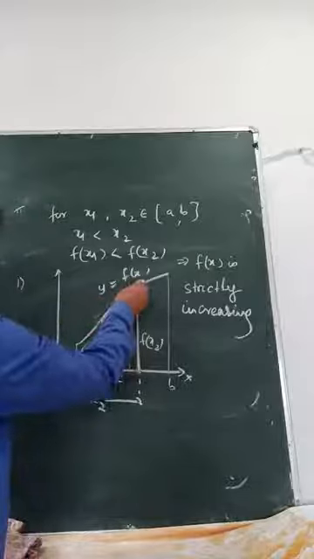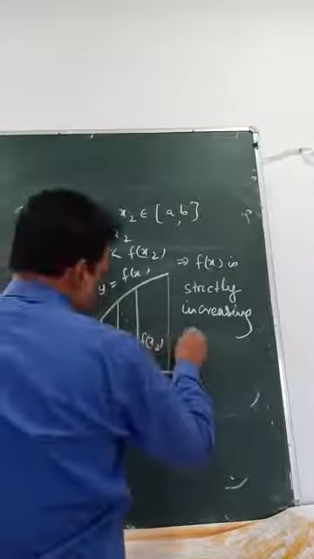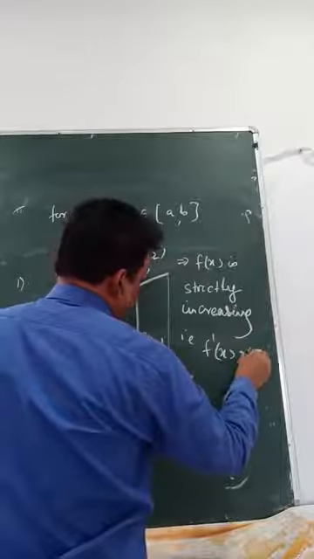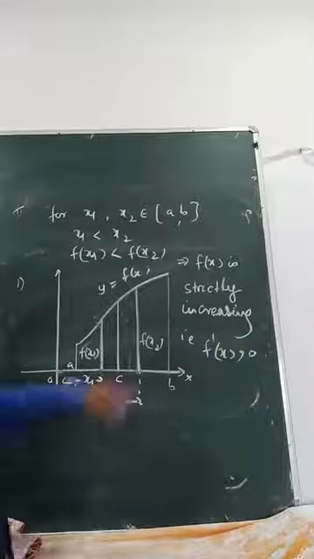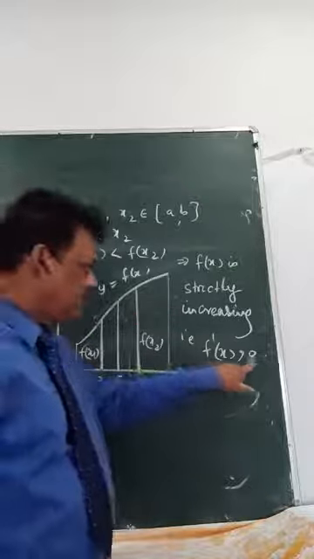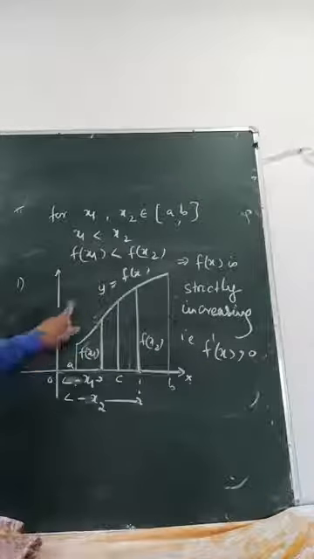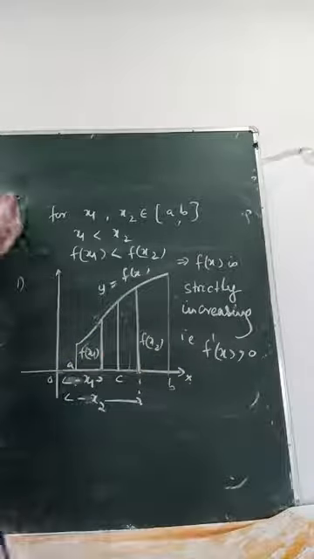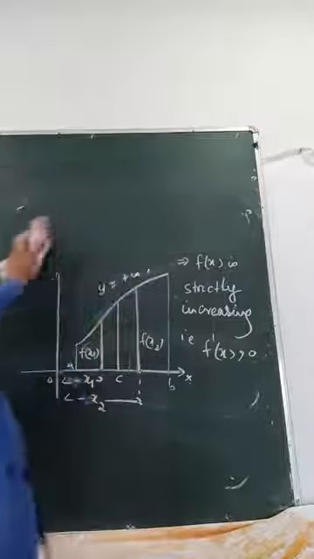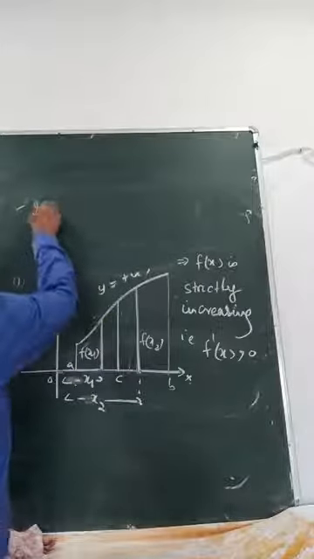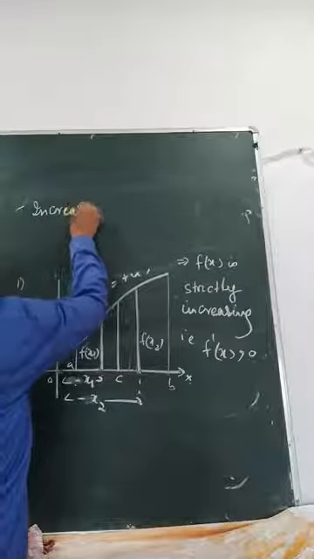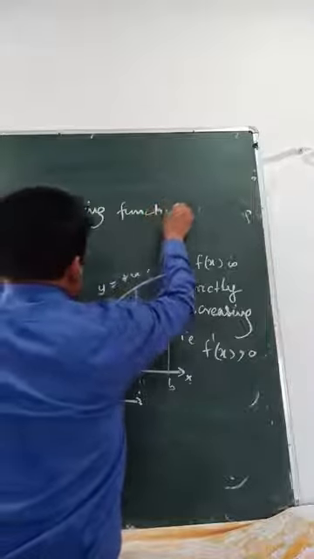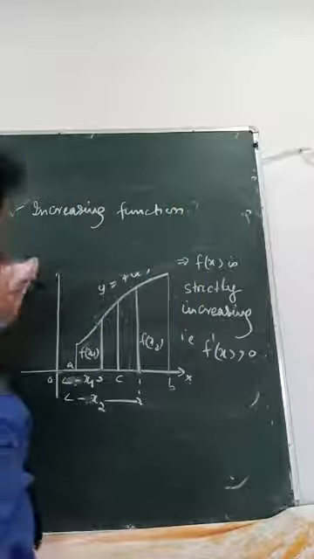So in the derivative point of view, you can say that is your f dash x is greater than 0. Strictly increasing, derivative is greater than 0. This is about increasing graph, strictly increasing. Now increasing function, you see a graph.